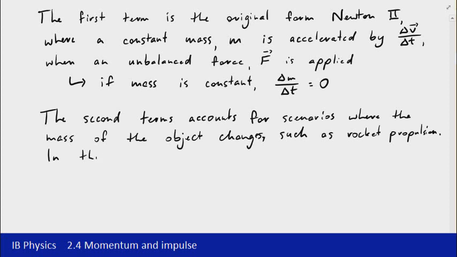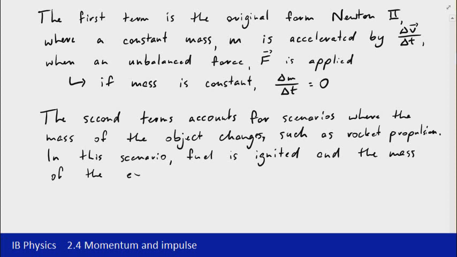So in this scenario, when the fuel is ignited, the mass of the system, or the mass that's contained within the rocket, decreases. And so we need to take into account that final term.